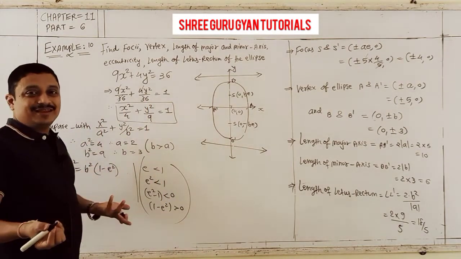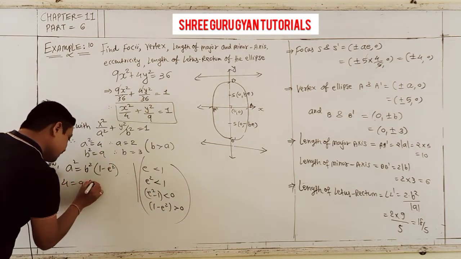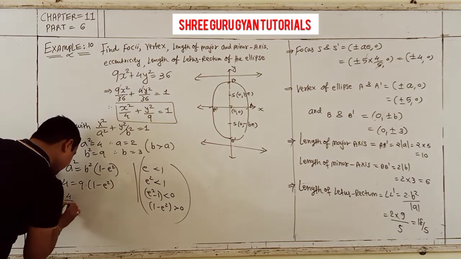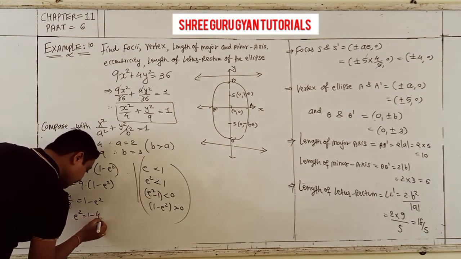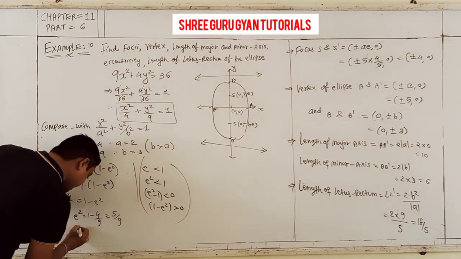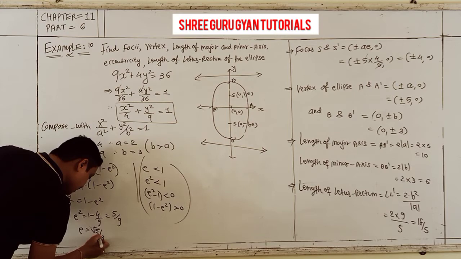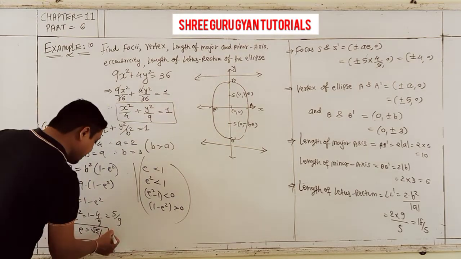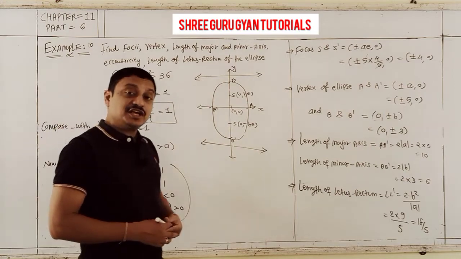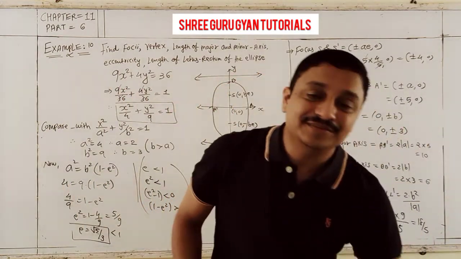Now put a and b, decide the e value. A square is 4, b square is 9, so exactly 4 by 9. E square becomes 1 minus 4 by 9, which is 5 by 9. E becomes root 5 by 3. Yes, that's your eccentricity. And you also check that it is necessarily less than 1.